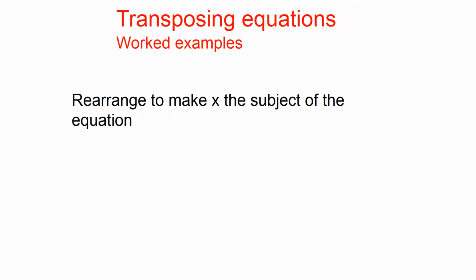So again, we're just going to think about rearranging to make x the subject of the equation. In this case, we've got the equation 5 equals 3x plus 2, and you'll come across this type of equation a lot, because it's very similar to y equals mx plus c.